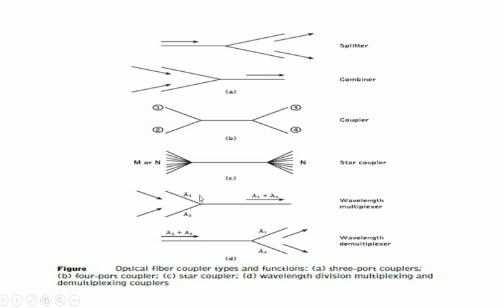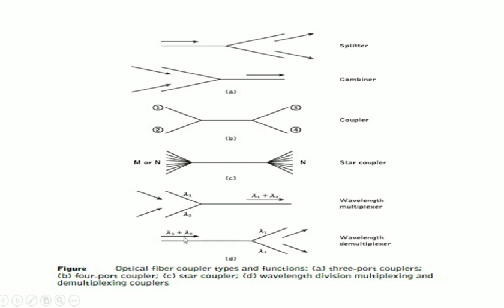It permits transferring all these signals in parallel on a single fiber. Here, the different wavelength optical signals are combined and given to one output fiber, which we call a wavelength multiplexer.